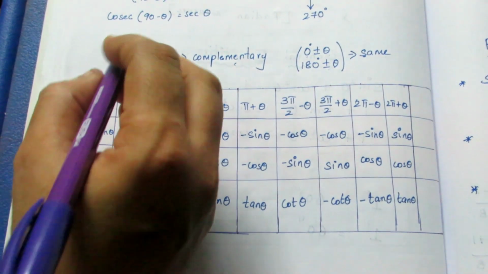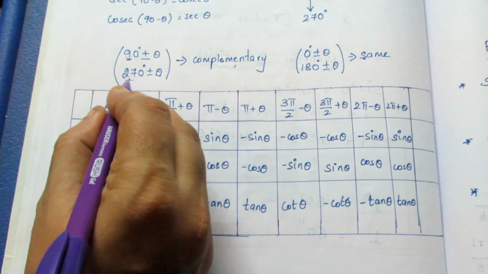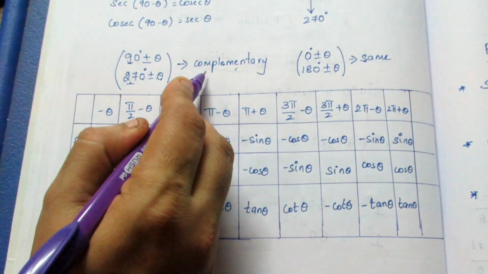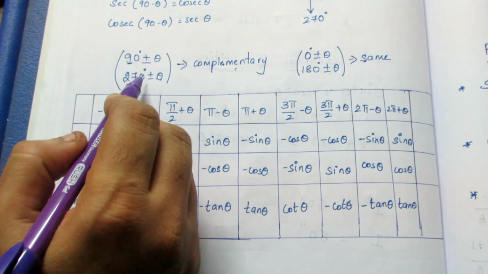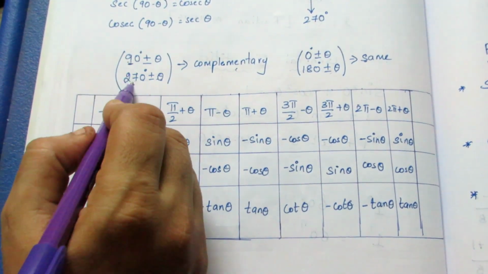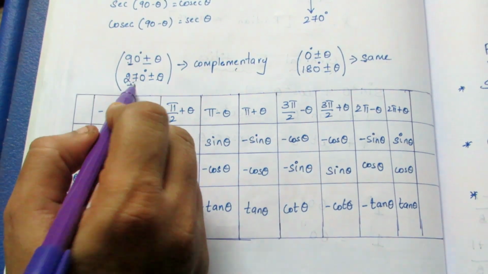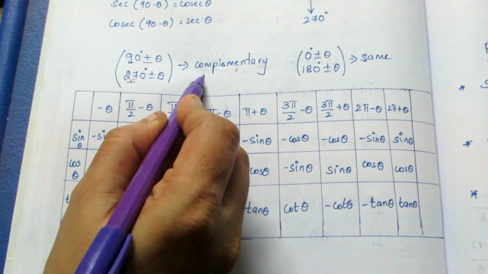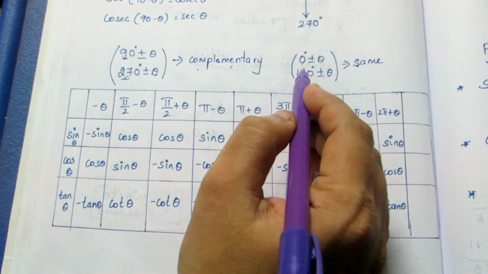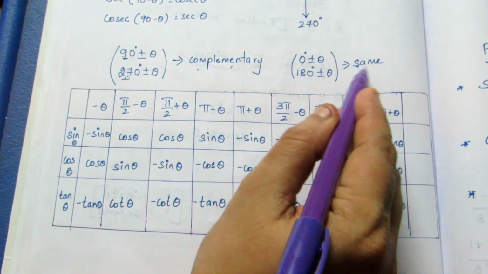To remember that, take 9 and 27 are odd numbers. For odd numbers we need to change, just for remembering, it's not anything to do with odd or even, just for you to remember. 9, 27 is odd. For odd number we need to change to complementary angle. Here 0 and 18 are even numbers, so we will write it as same.